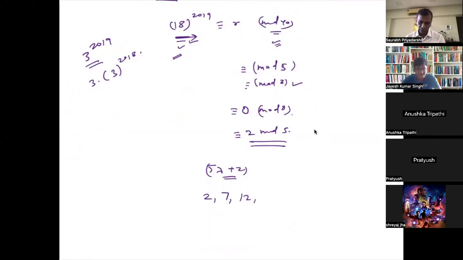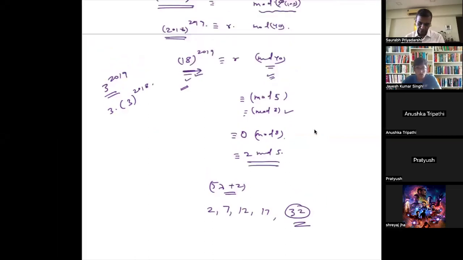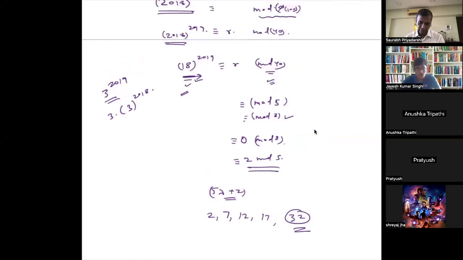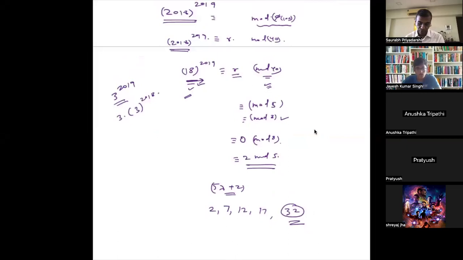All the odd numbers are not possible, because it has to be divisible by 8. So what number do you get when it is divisible by 8? 32. So the number is 32. Is this okay, everyone? So this is coming in the form of 40 lambda plus 32.